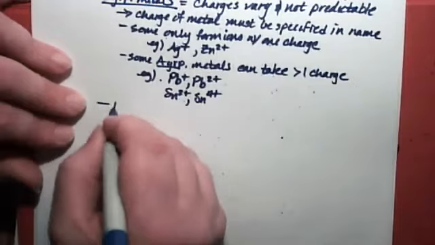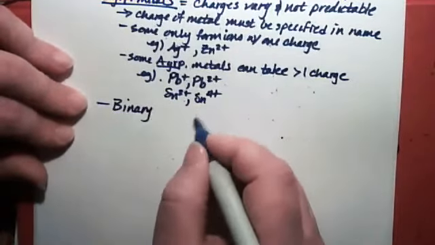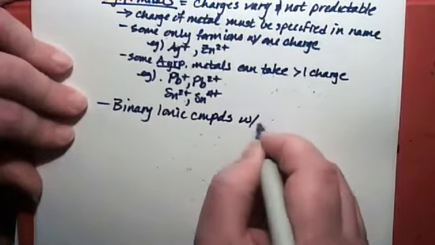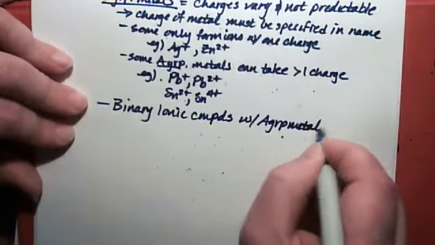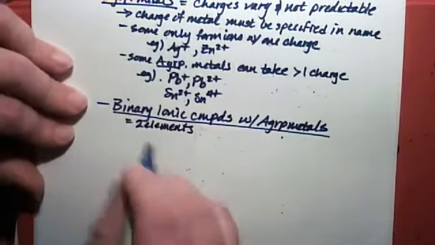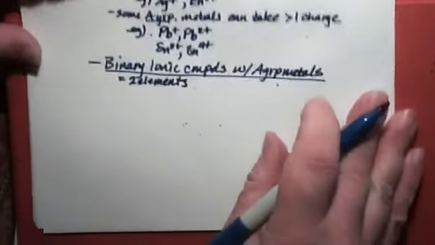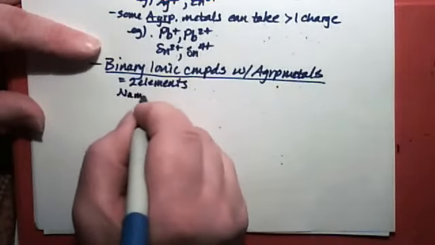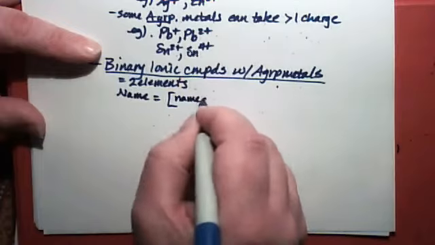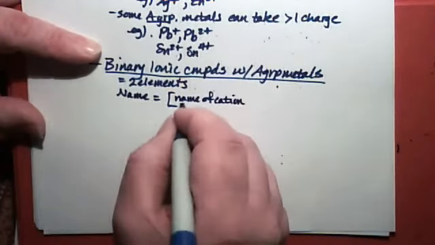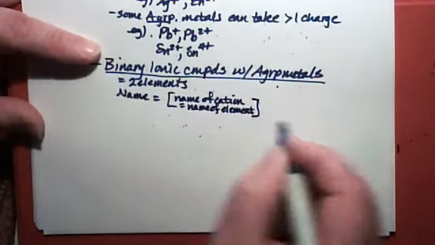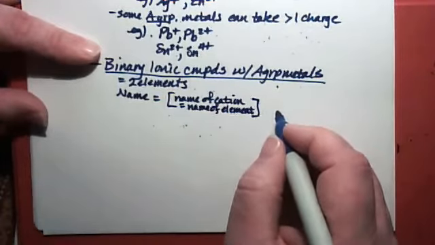Okay, so for naming binary ionic compounds with A group metals, and binary just means two elements are present, the name is going to be the name of the cation, which is the name of the element, followed by the base of the anion name ending in IDE.